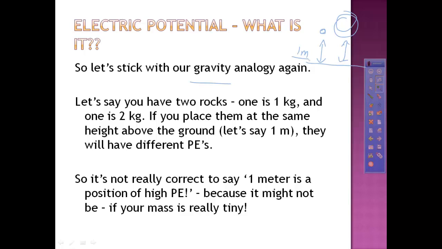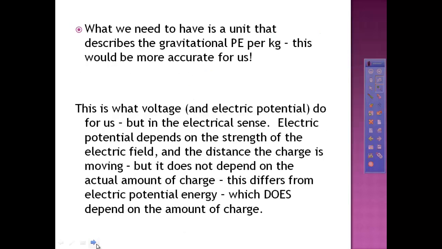So it's really not correct or wise to say that this 1 meter height is an area of high potential energy, because it's going to depend on your mass. It'd be more accurate to use a unit that describes gravitational potential energy per kilogram. If we can say something has a certain gravitational potential energy per kilogram at a spot, that would be a more accurate way to describe it.